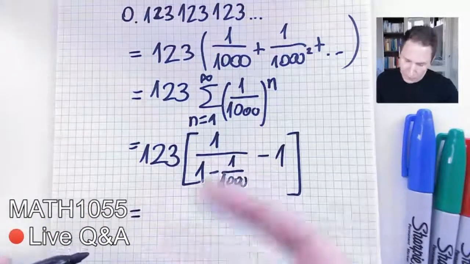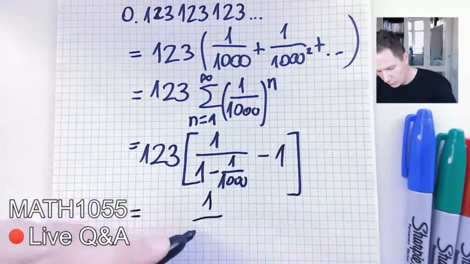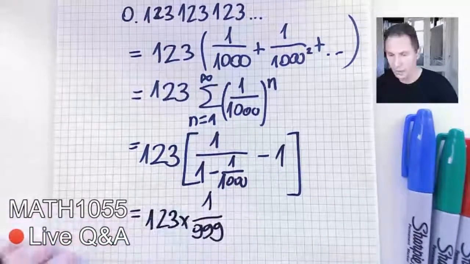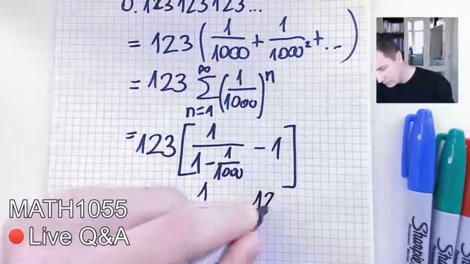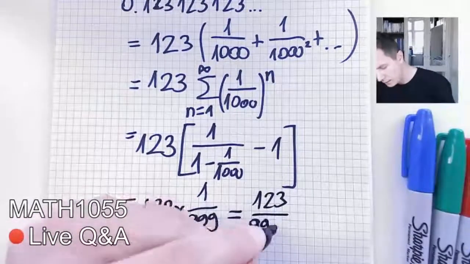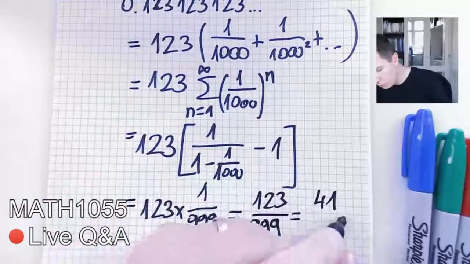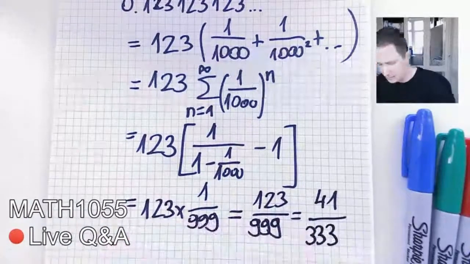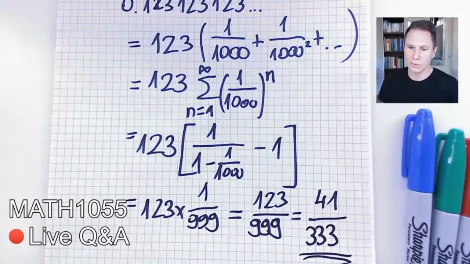We take the reciprocal and then subtract 1 to get 1 over 999 times 123. This fraction can be simplified by 3 to get 41. So 41 times 3 is 123, and 333 times 3 would be 999. Okay, so that was the idea there.